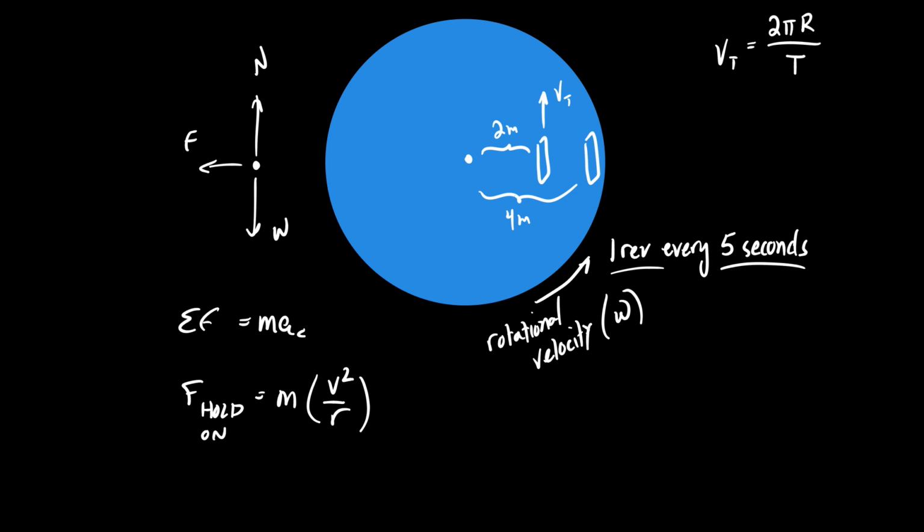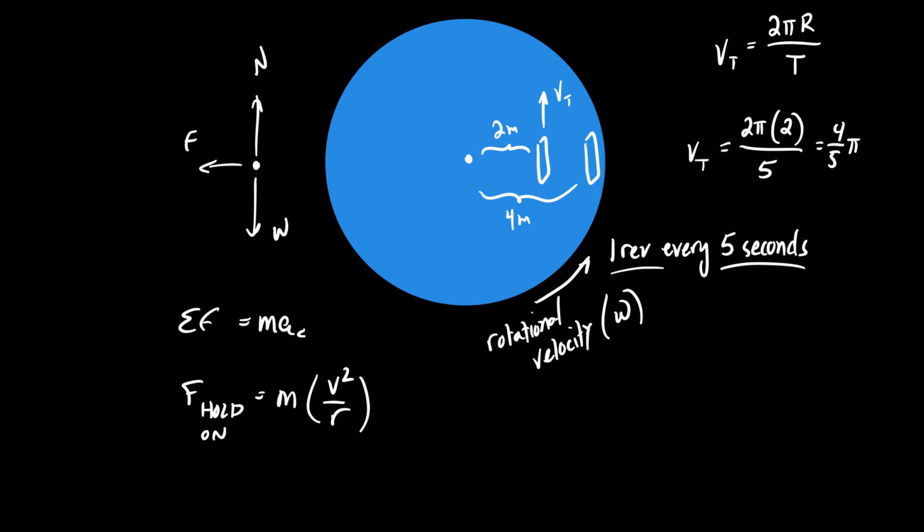Well, I need V. I think I can get it from what's written here. It seems to me that their tangential velocity is going to be 2 pi times the radius. I need to put this in meters, so that's 2, divided by the time. This needs to be in seconds, and it already is 5. So 4/5 pi.